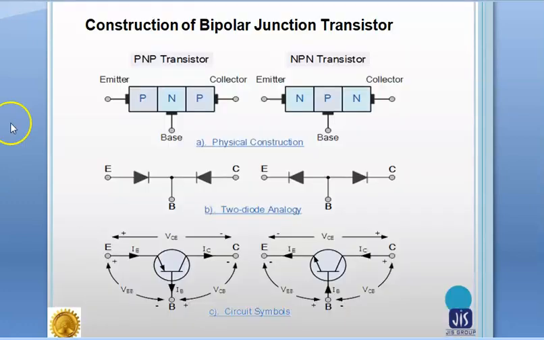Now the construction of bipolar junction transistor. Already I have discussed that when an n-type semiconductor is sandwiched between two p-type semiconductors, then it is known as PNP transistor, and when a p-type semiconductor is sandwiched between two n-type semiconductors, then it is called NPN transistor.